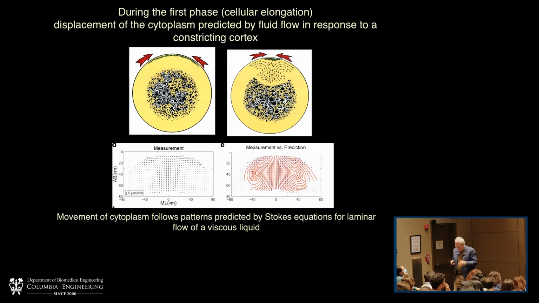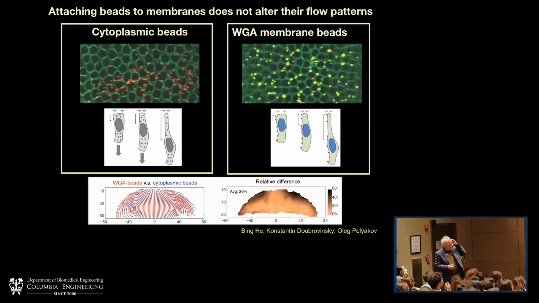So to test that idea, what Bing did was to use wheat germ agglutinin and try a different strategy, where he injected the beads in and had them incorporate on the outside of cells, on the membranes as they were forming. He then did the same analyses and asked if membranes flow differently than cytoplasm. And the answer is no. Everything flows together.